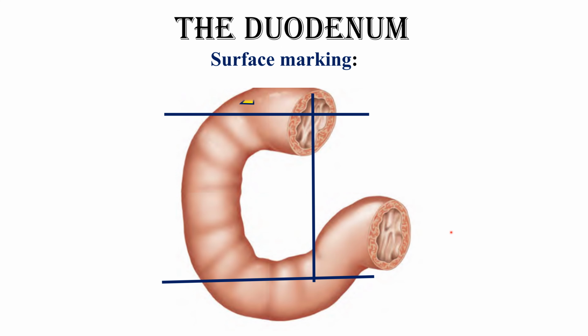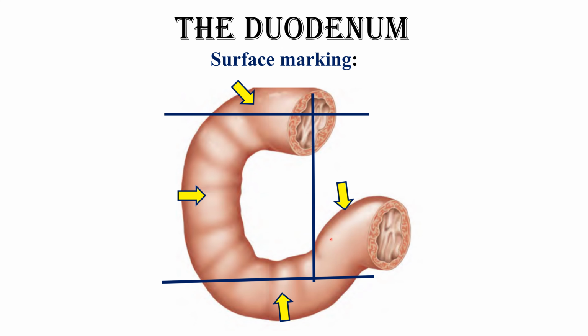So the first part is almost half an inch to the right of the middle line and goes for 2 inches, while the second part descends downwards parallel to the middle line for 3 inches to reach the body of the third lumbar vertebra, where the third part will start and will be for 4 inches along that subcostal plane.